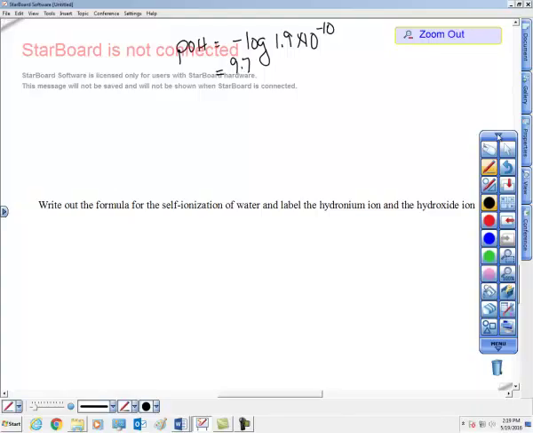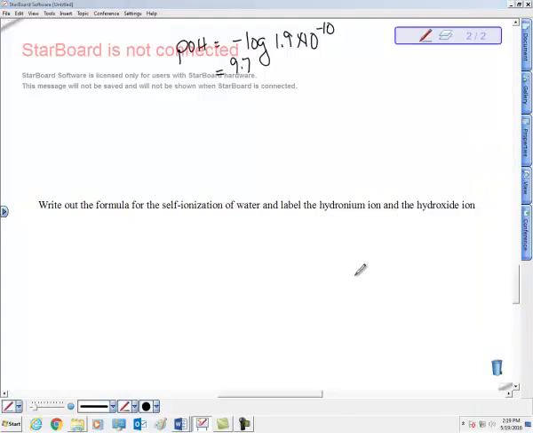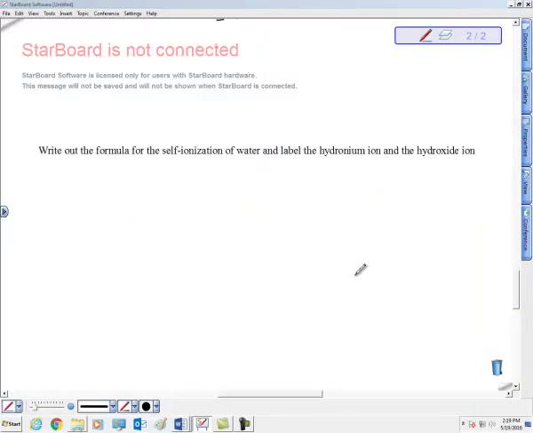Write out the self-ionization of water and label the hydronium and the hydroxide ion. This came from a vodcast that we did a long time ago when I first taught you about the pH scale. It was in those guided notes. So, the self-ionization of water. Water will naturally undergo an ionization process.